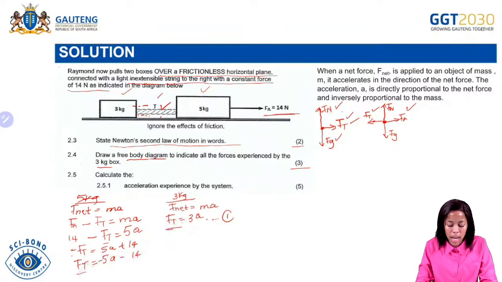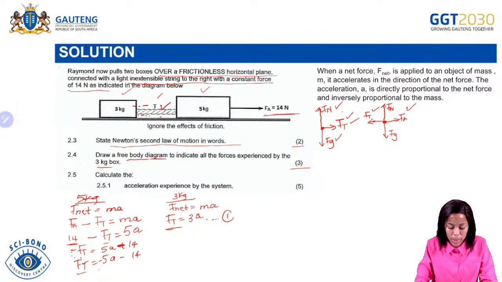So from there, how do we then calculate the acceleration? Okay, so just going back to this one. When we took the 14 to the other side, it was supposed to give us negative 14. And then we had a negative here of the tension.